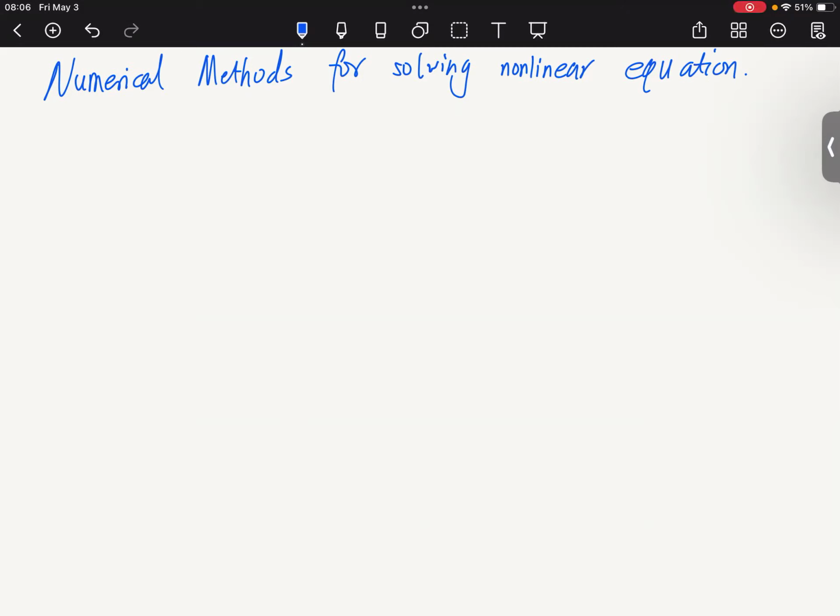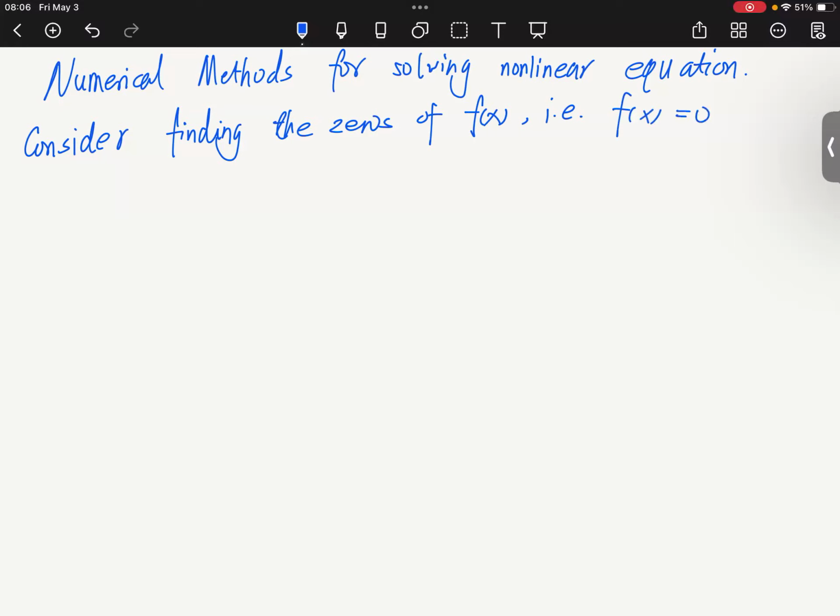So here, we are going to consider finding the zeros of the function f(x), which means that we are going to solve f(x) = 0.